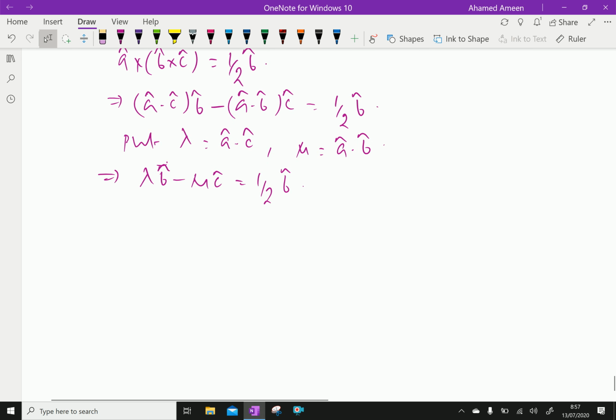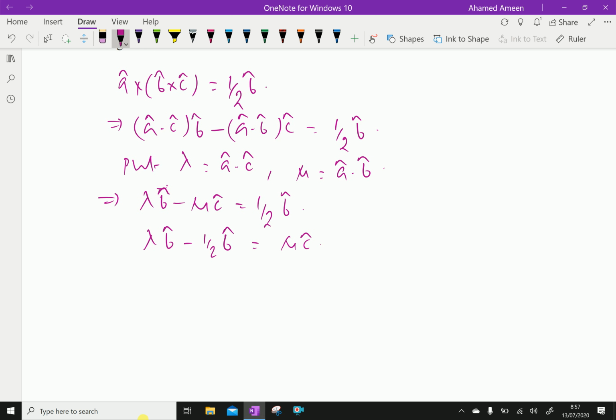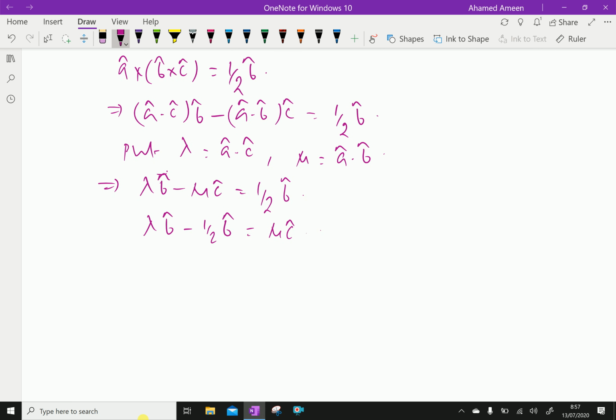Now lambda B minus half B is mu vector cap C. Then here B cap is common: lambda minus half, B, minus mu C equals 0.